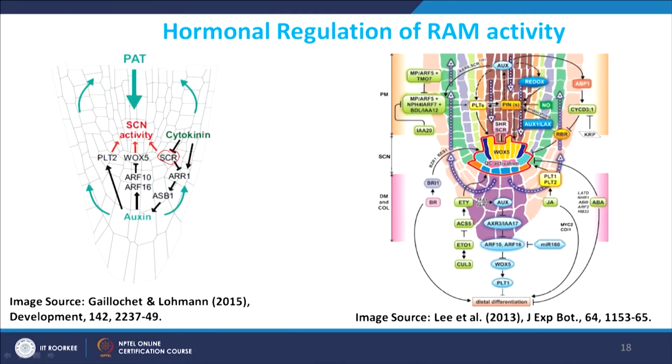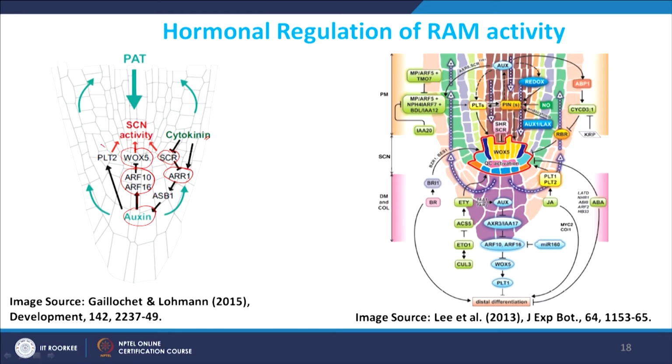Scarecrow is negatively regulated, or repressed, by cytokinin. These are response regulators which work in the cytokinin response processes, and then this is auxin. Auxin is activating some of the auxin response factors, and these auxin response factors are regulating the activity of Vox5.